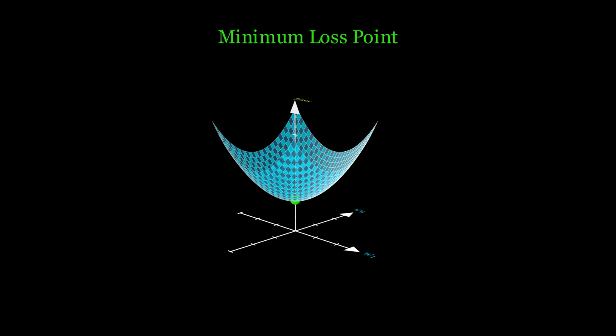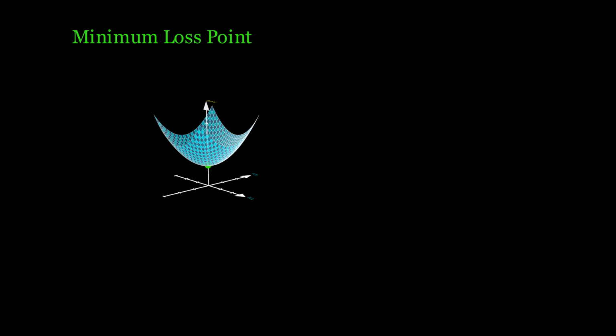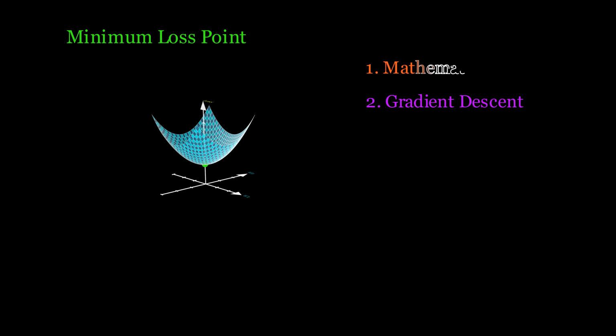To identify this point, we generally have two paths: direct mathematical calculation or the gradient descent algorithm. While simple equations can be solved analytically, complex equations require the iterative approach of gradient descent.